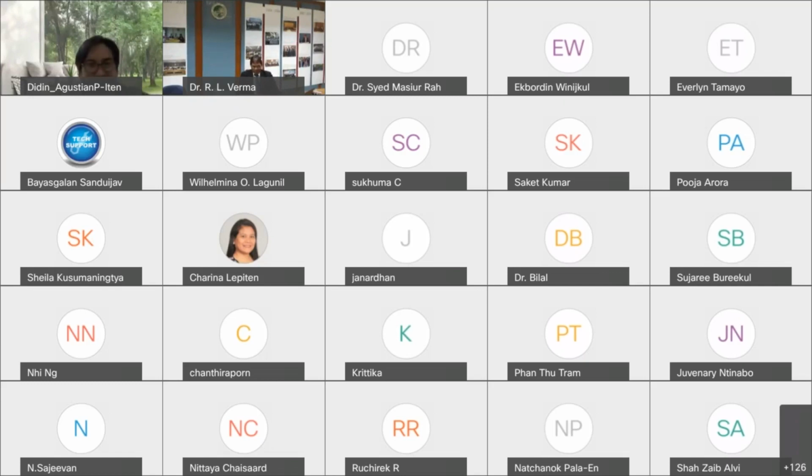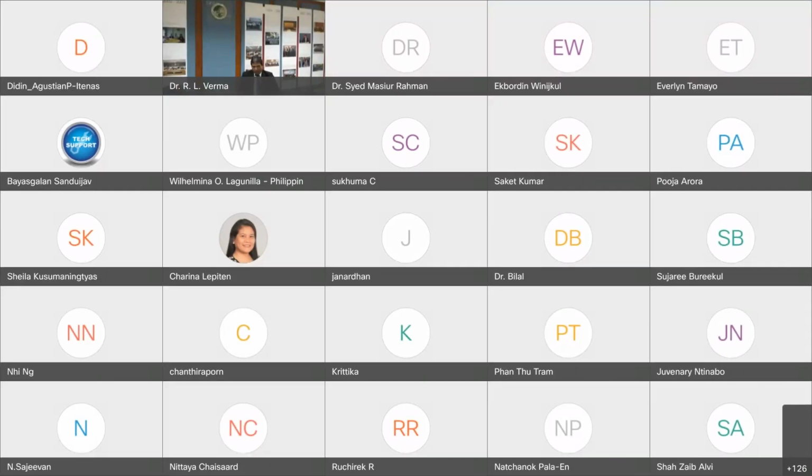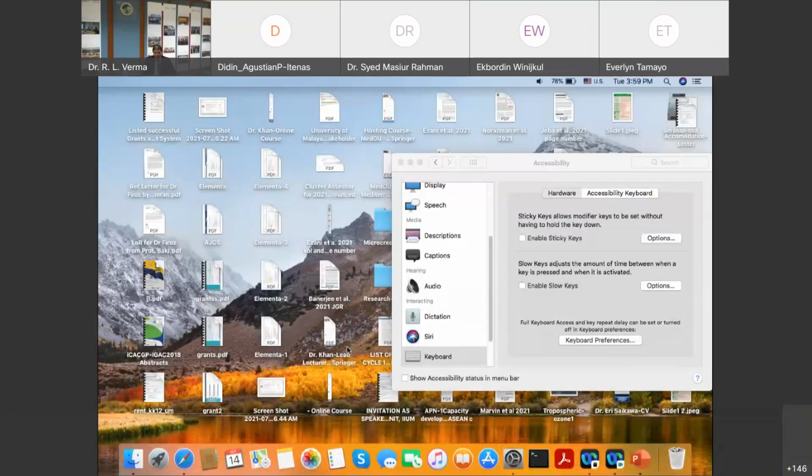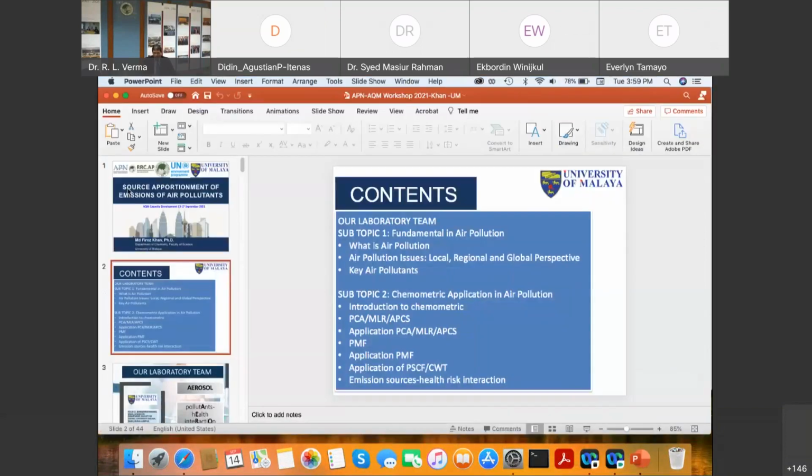The third and last presentation of this module for today is source apportionment of emissions of air pollutants by Dr. Mohammad Firoz Khan from the University of Malaya, Kuala Lumpur, Malaysia.